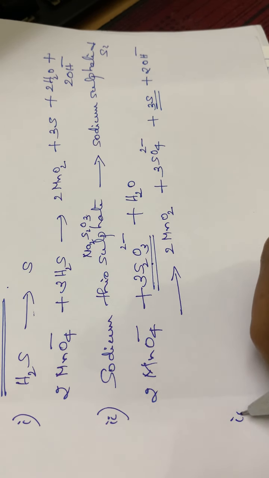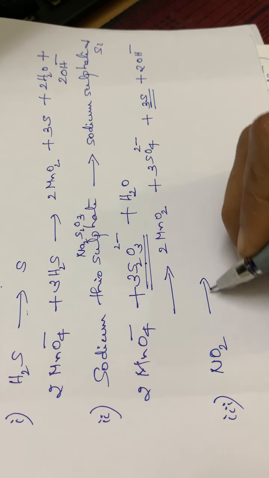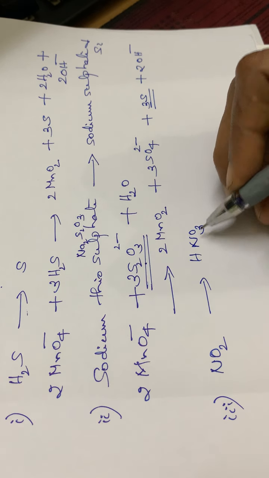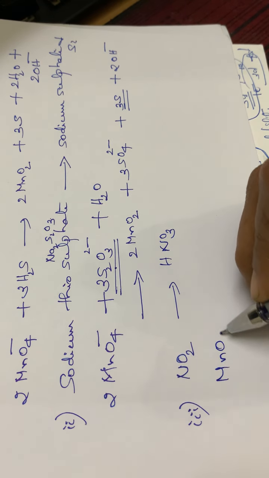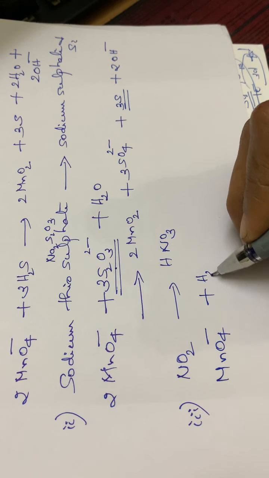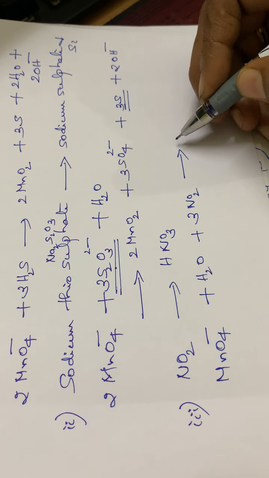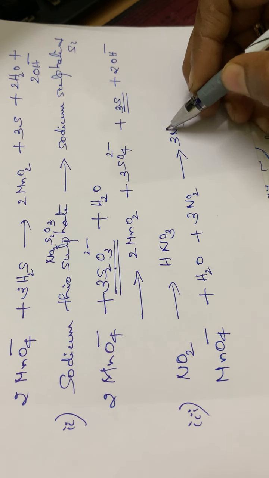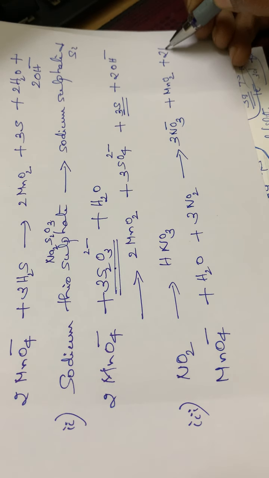And then the third reaction in neutral medium, that is conversion of NO2, nitrogen dioxide, to nitric acid HNO3, oxidation of NO2 to HNO3. Again MnO4 minus plus H2O plus 3 molecules of NO2 giving 3NO3 minus, nitrate ion, plus MnO2, manganese dioxide, plus 2H plus.